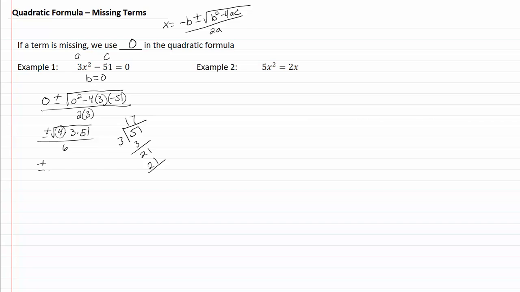So actually inside our radical, we've got 2 squared, which is our 4, times 3 squared times 17 all over 6. So that means we're going to have a 2 that comes out and a 3 that comes out. So we have 2 times 3 square root of 17 all over 6. Well, 2 times 3 is 6. So this is all going to simplify down to plus or minus the square root of 17.